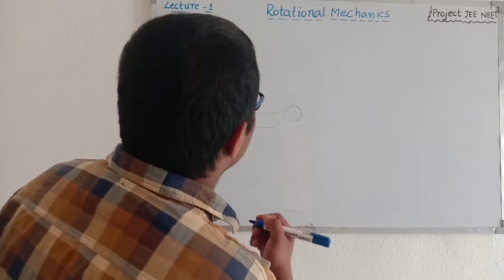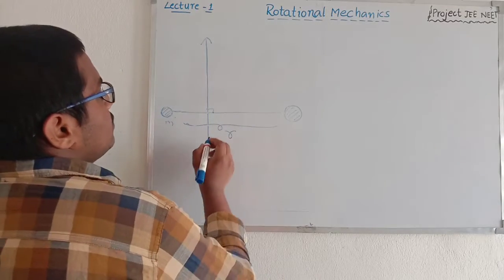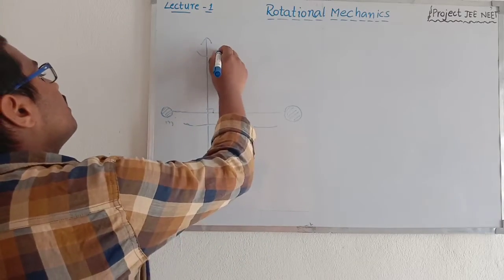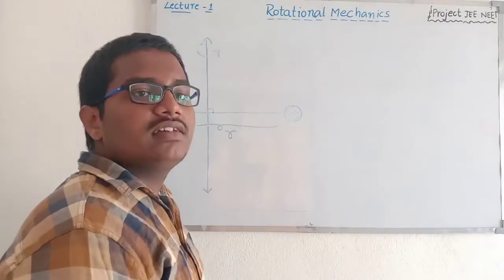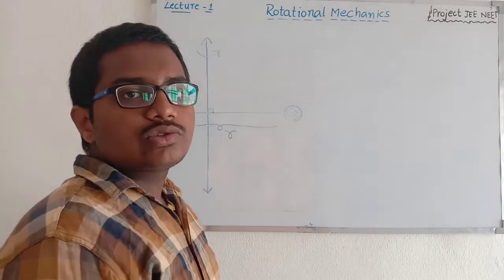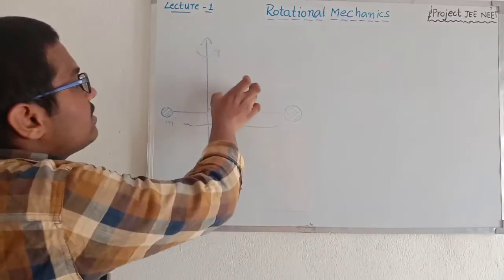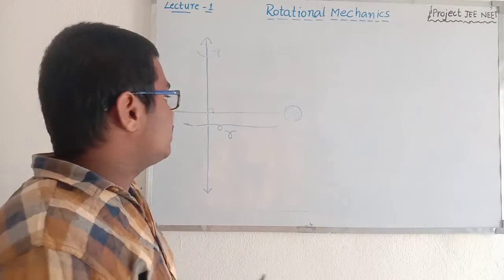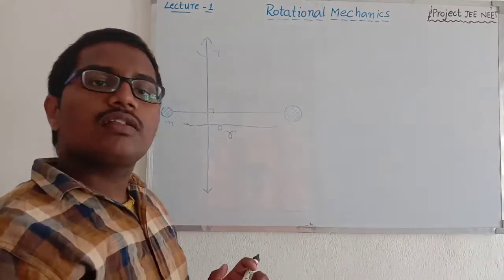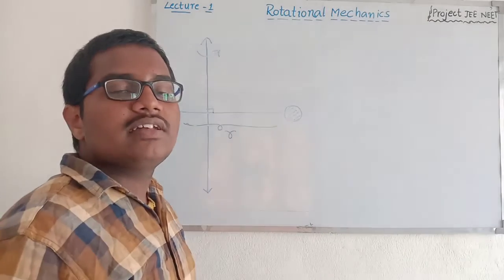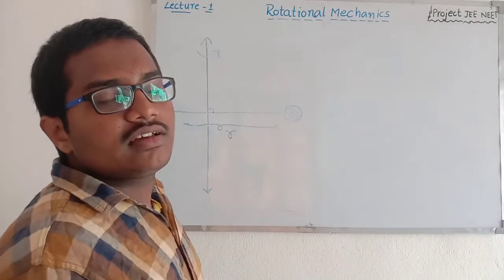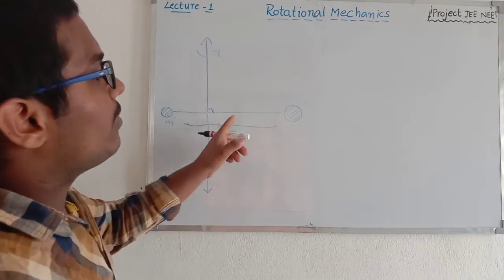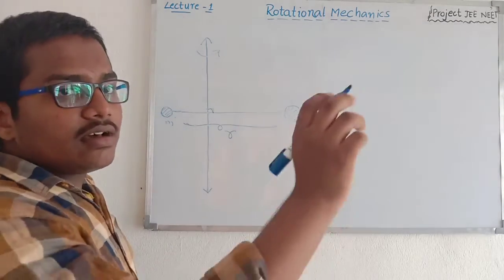So let's go to the process of solving this problem. Here I did not mention that this axis of rotation is the perpendicular bisector of these two bodies. If he gave that the perpendicular bisector is the axis of rotation, then the situation becomes easy, because you take r by 2 and r by 2 and simply solve the problem, and you will get the moment of inertia. But now here I gave you that the axis passes perpendicularly but not along the bisector.